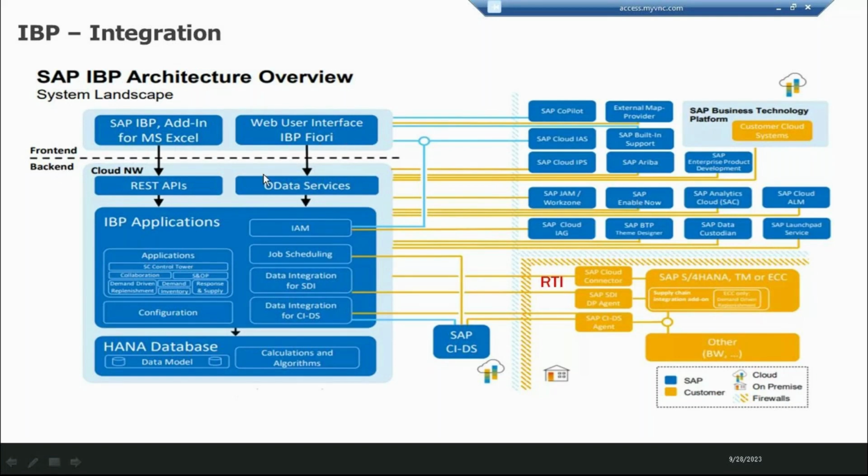So for IBP demand, S&OP and inventory optimization, SAP gave an interface called SAP CIDS, earlier we called it CPIDS. And for response and supply, RTA.